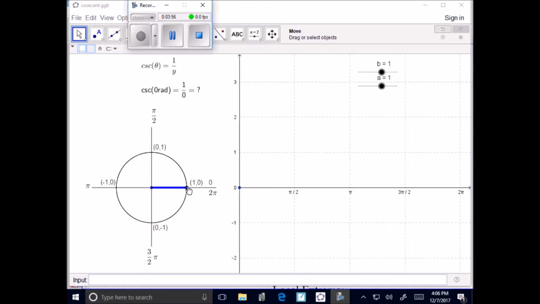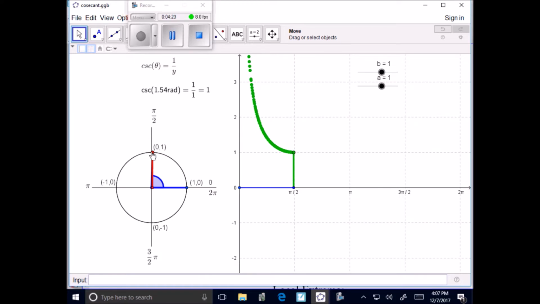As we rotate through the first quadrant, though, we see the y values increase. We start out dividing 1 by very, very small y values for small rotations, giving us very large function values for cosecant, right? And as we rotate through that first quadrant, those y values will increase to 1, giving us a function value of 1 at pi over 2, right?